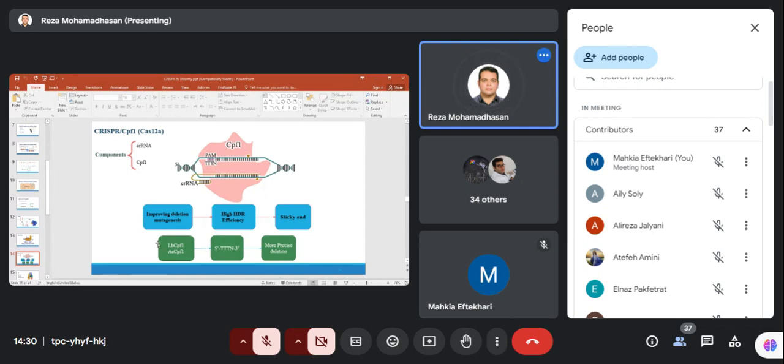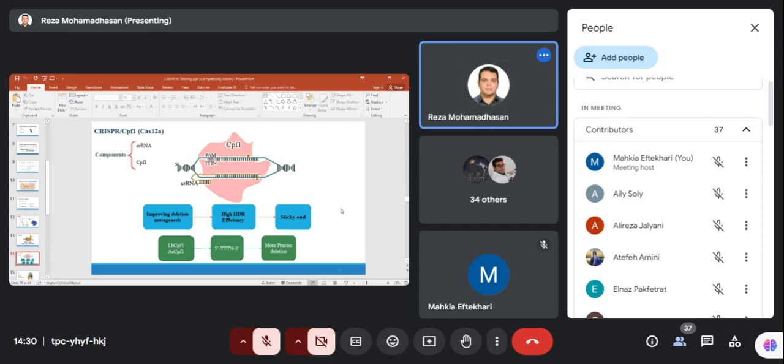The two most useful and common Cpf1 are LbCpf1 and also AsCpf1.